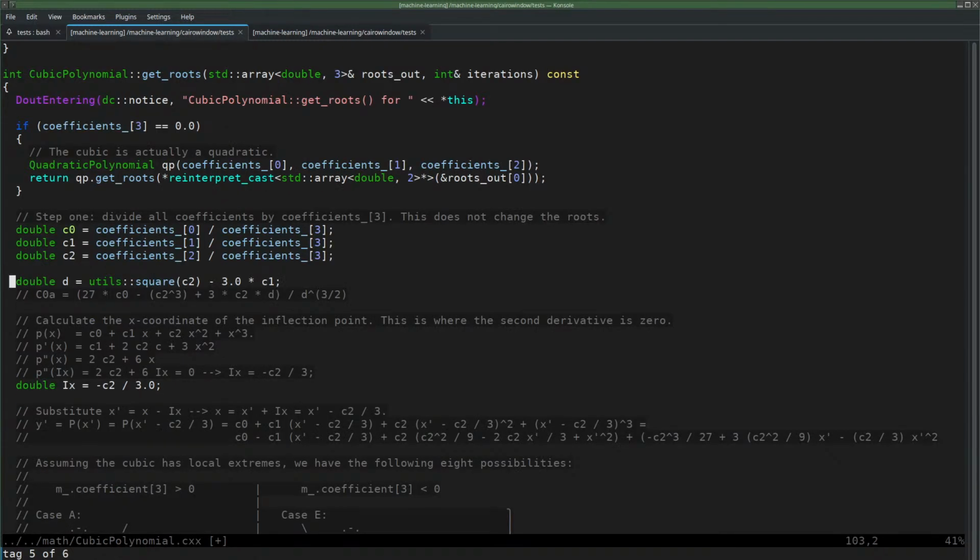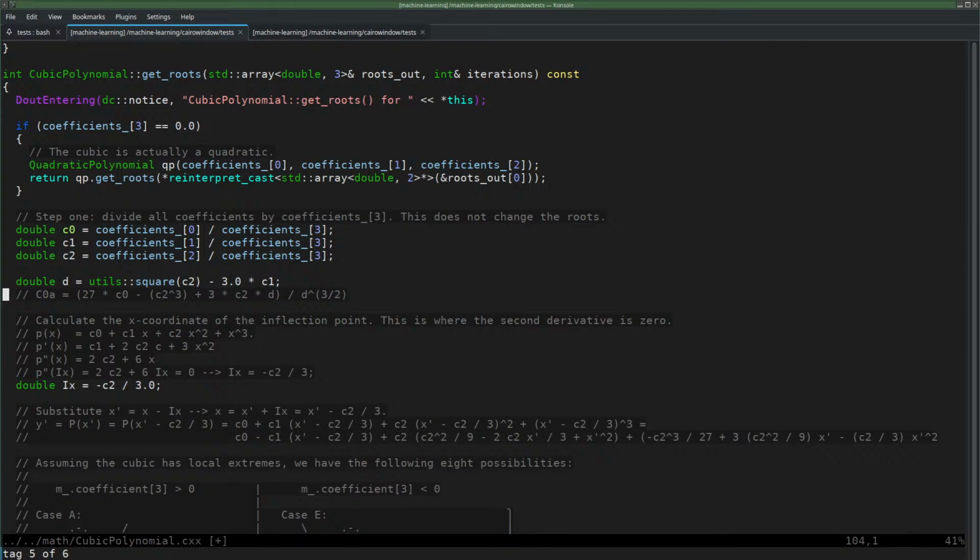Absolutely no difference whatsoever. So I could type C2 times C2, or I can type this. Same assembly, same speed, everything. I just like to type square instead. Maybe I would even more like to type caret 2, but yeah, that is problematic. Okay, so we have our D.